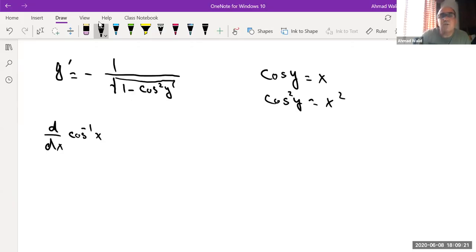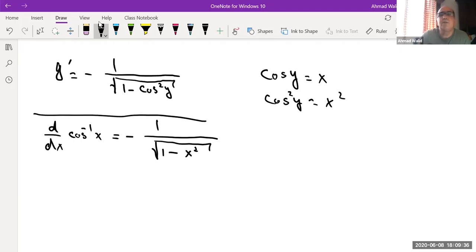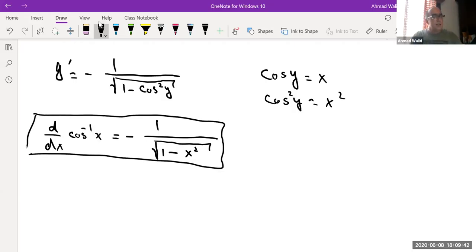Then d dx of cosine inverse x equals negative 1 over the square root of 1 minus, instead of cosine squared, you can write x squared. You proved formula number 2. Correct? Number 3.